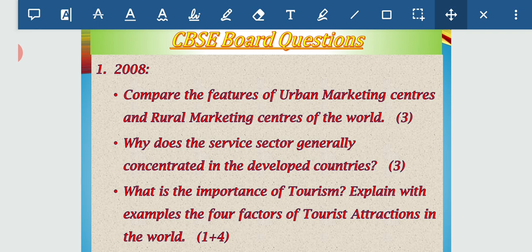These are the differences between urban and rural marketing centers. As the marks are 3, you can just jot down any 3 points.